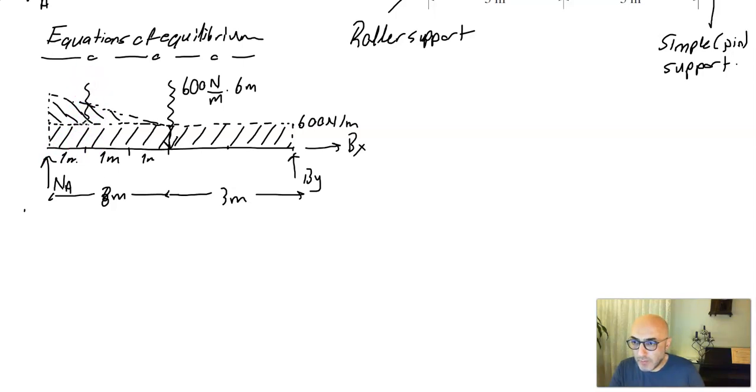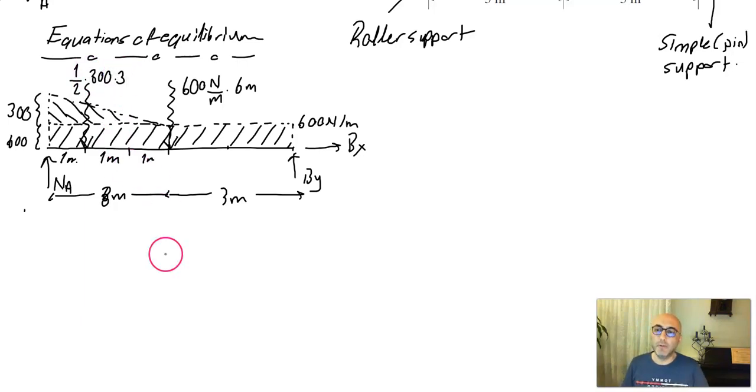So the equivalent force would be acting like that, and the magnitude would be equal to, this one would be 300, because this is 600, and the whole depth is 900. So the magnitude would be the area of this triangle, and that's 1/2 times 300 times 3. Okay, so we end up with this equivalent force, and support reactions.